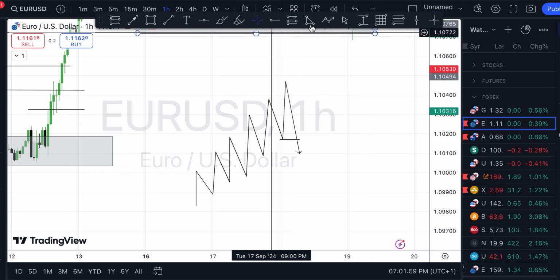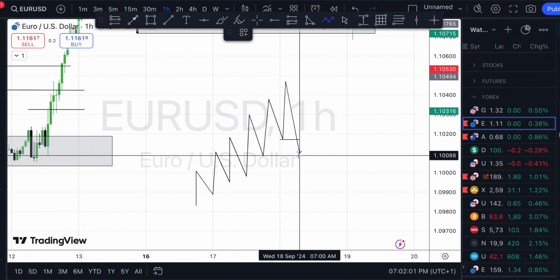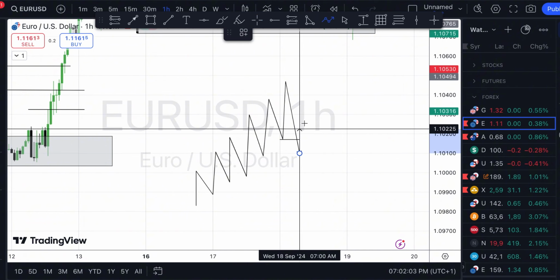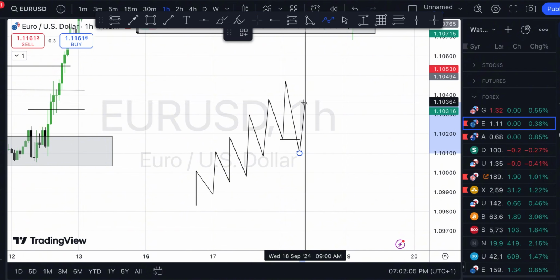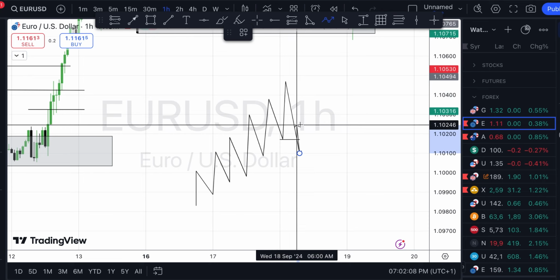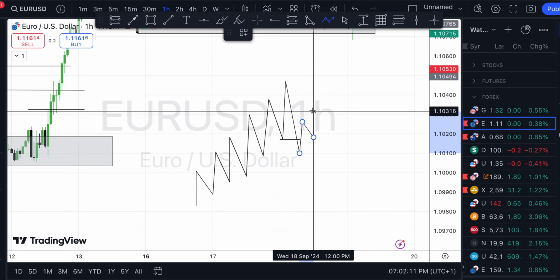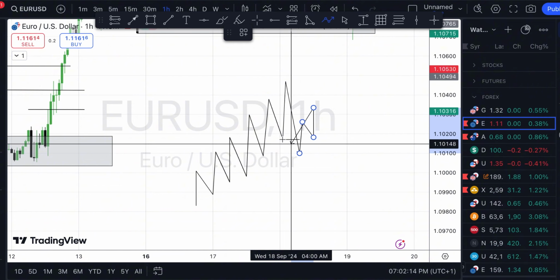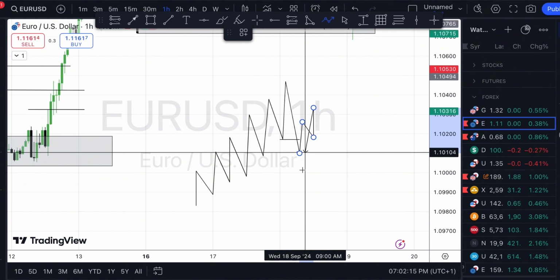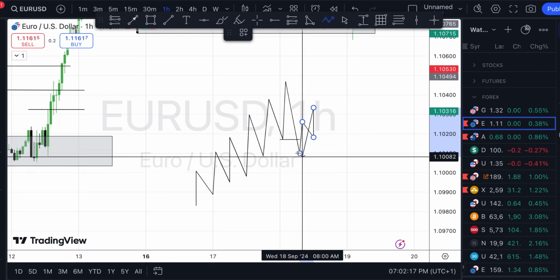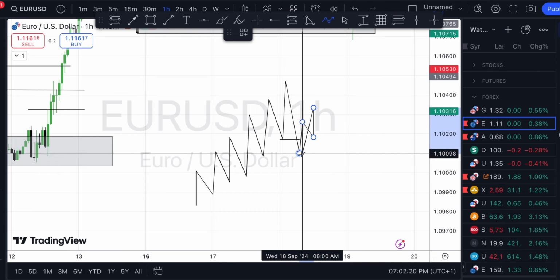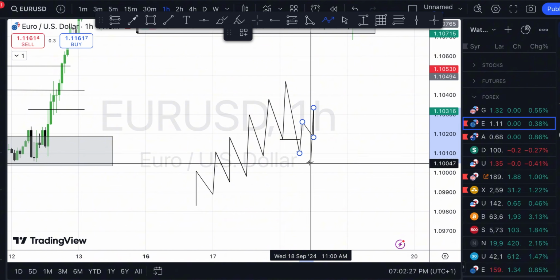So what price is going to do is retrace back like this. When price has given us this indication that it has done a market structure shift, it's not going to just start selling immediately, because if it sells from around this zone, it will be very cheap.